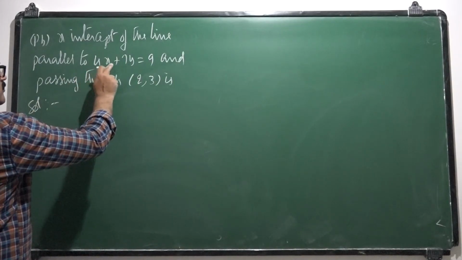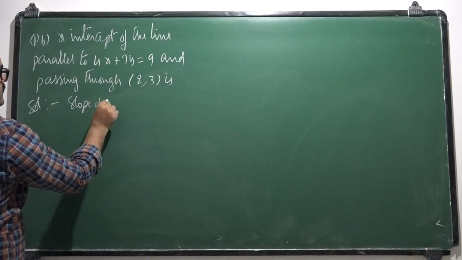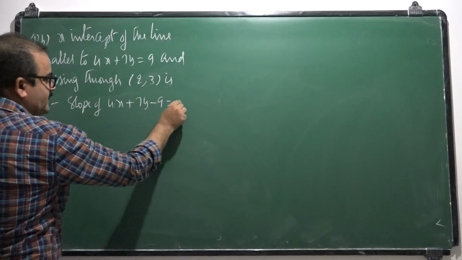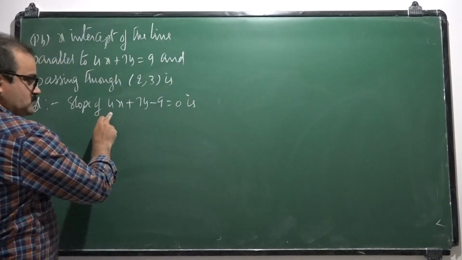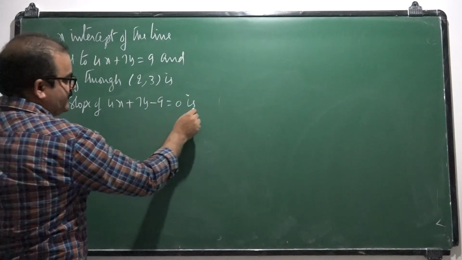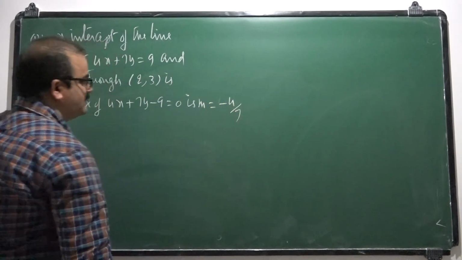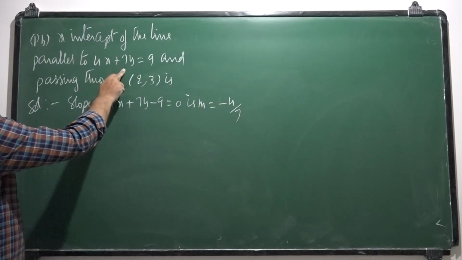What is the slope of the given line? The slope of the given line 4x + 7y - 9 = 0 is, slope of any line is minus a by b, minus 4 by 7. But the required line is parallel to this line.